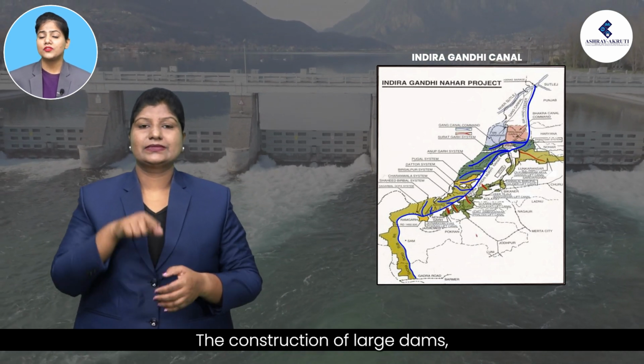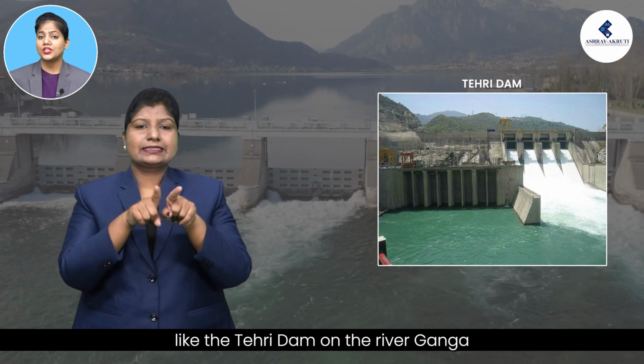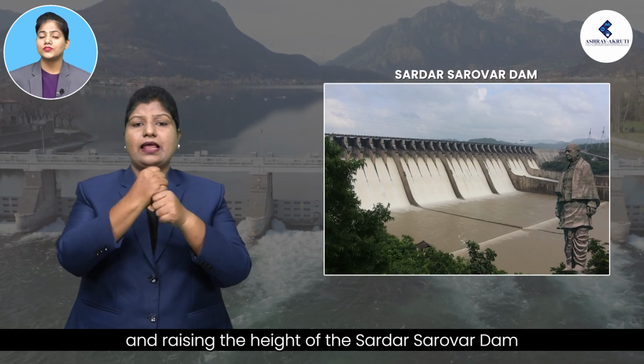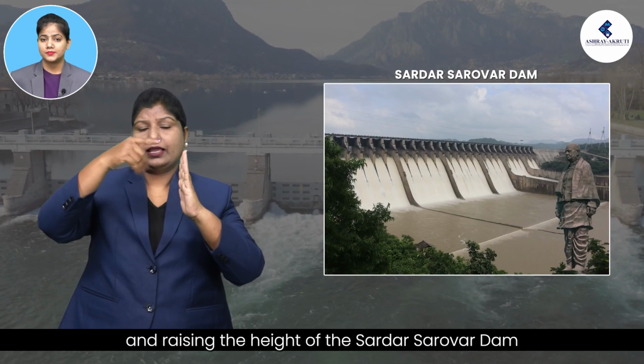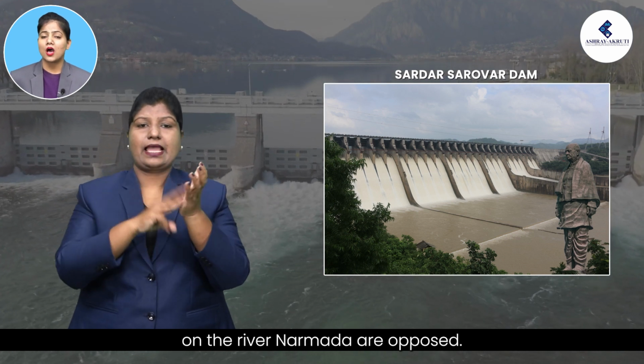The construction of large dams like the Tehri Dam on the river Ganga and raising the height of the Sardar Sarovar Dam on the river Narmada are opposed.